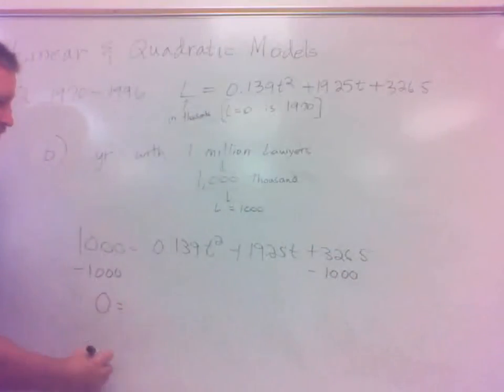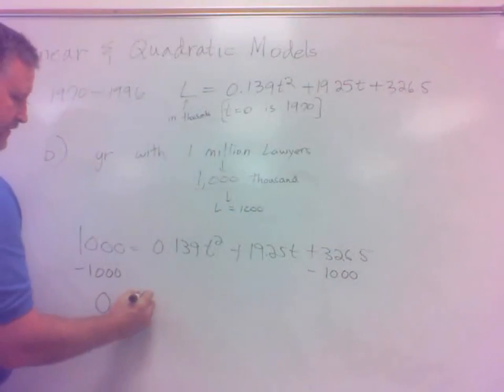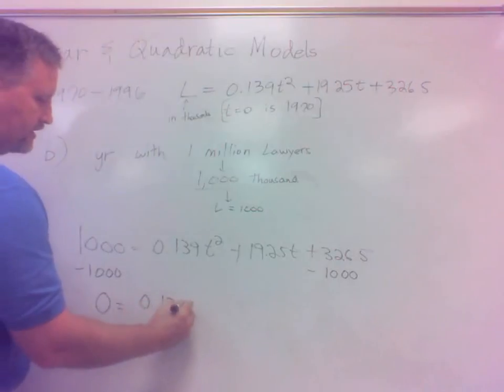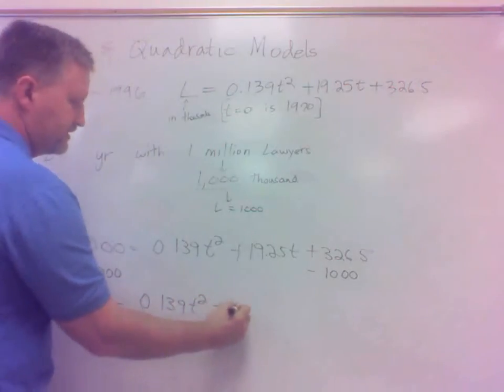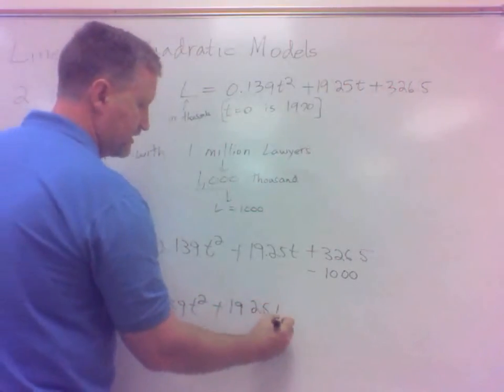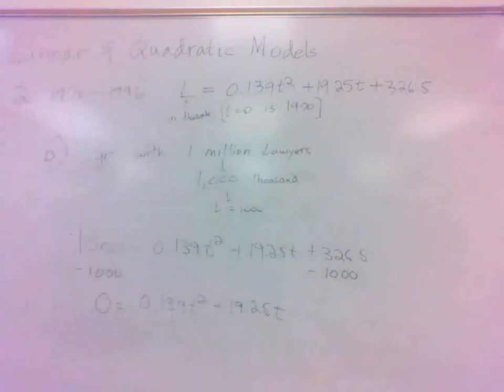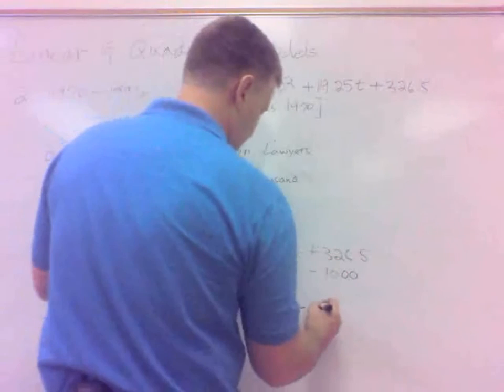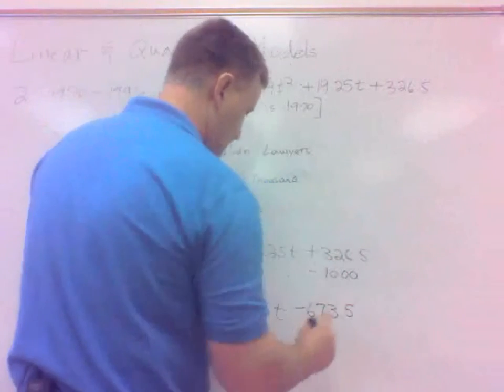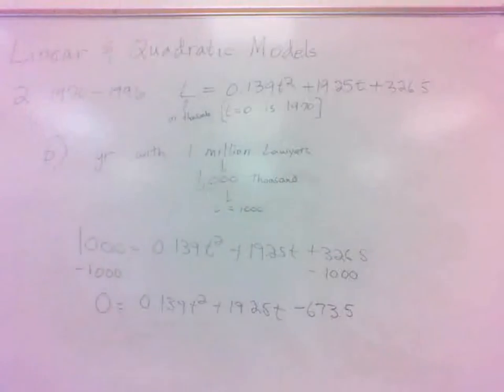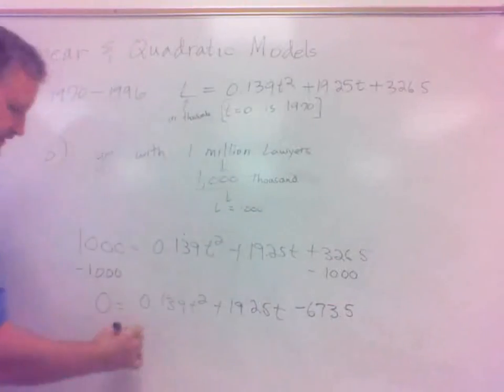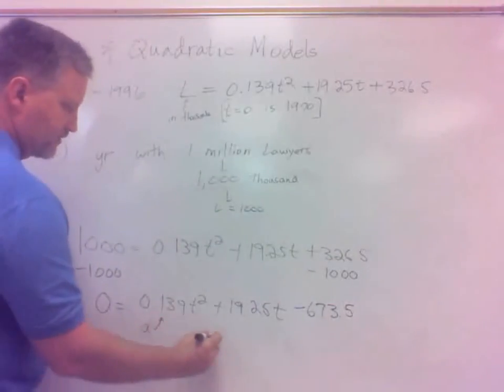So 0 on the left, sorry, on the right, 0.139 t squared plus 19.25 t plus 326.5 minus 1,000 gives me about negative 673.5. So there you go for the quadratic formula.